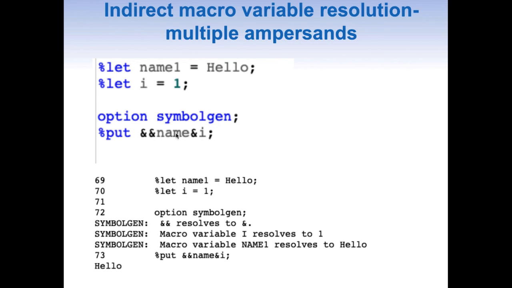So these two ampersands became one ampersand and this became ampersand name1, and we were able to get hello. I have covered a lot of topics for macro variables, but not all the topics related to macro variables, and some of them we will be discussing in future classes too.